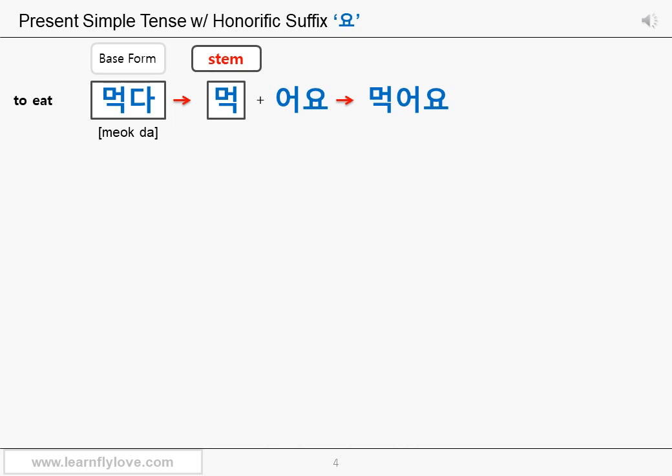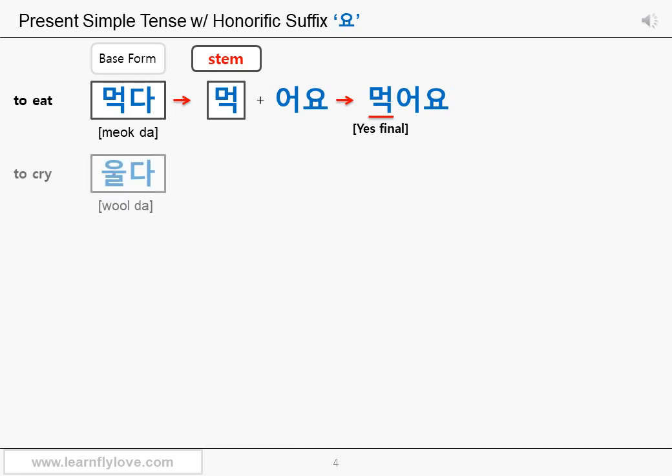So it's 먹어요. The last letter of the stem has a final consonant, so you cannot combine 먹 with the sound of the ending 어요. 먹어요 is actually pronounced differently. Let's learn about the sound changing rule, not in this lesson, but very soon.